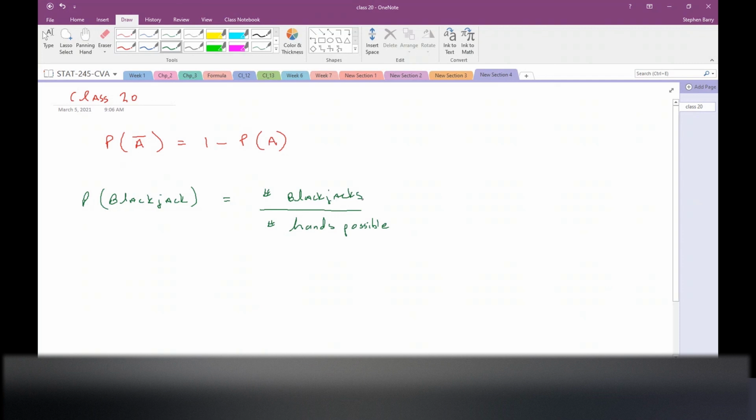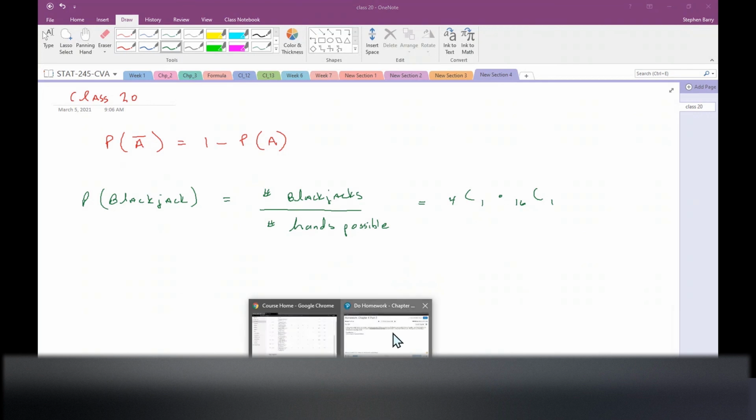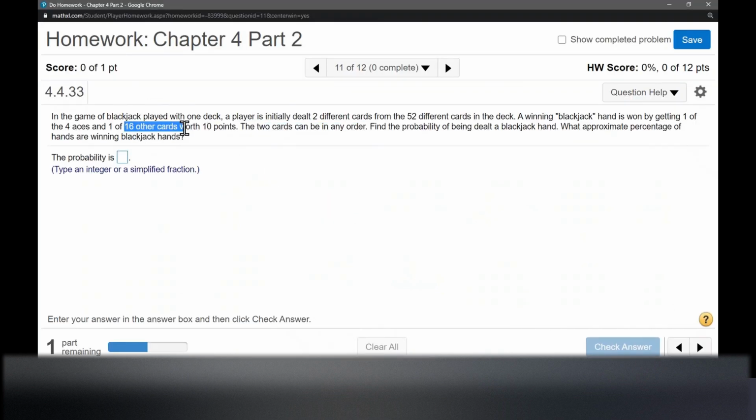And so how do you figure out the number of blackjacks? Well, there's 4 aces, so I need to get one of them. And out of the 16 cards that are worth 10, I need to get one of those. That's what they tell us in the question anyways.